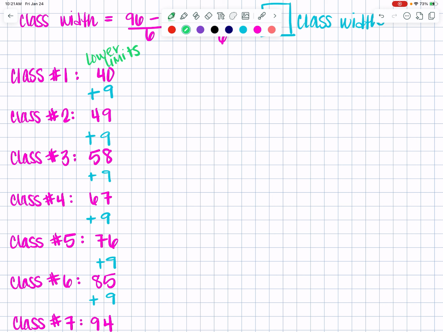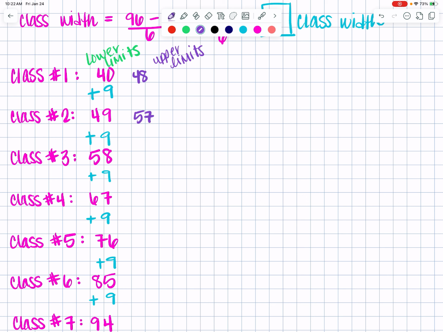Now I need to find my upper limits. Usually, I want about 1 unit between class 1 and class 2. So my upper limit would be 48. Plus 1 gives me 49. 8 more would be 57.